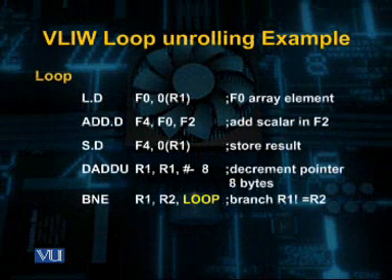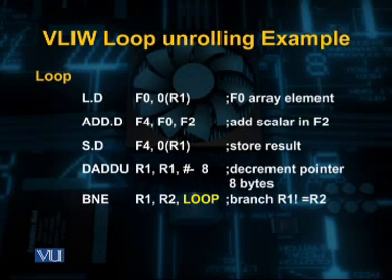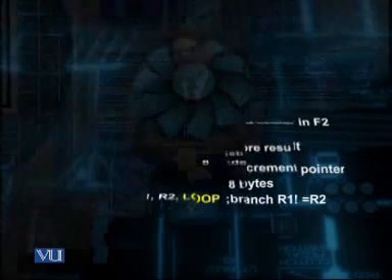Here you can see that in order to execute this code using a multiple issue, very long instruction word processor, we may have to unroll the loop as many times as necessary to eliminate any stalls, ignoring the branch delay if there exists any. In order to explain this example, we will make some assumptions.